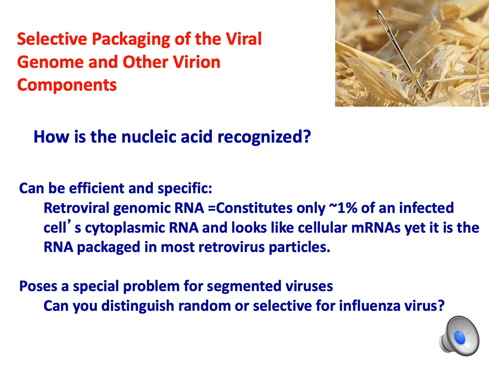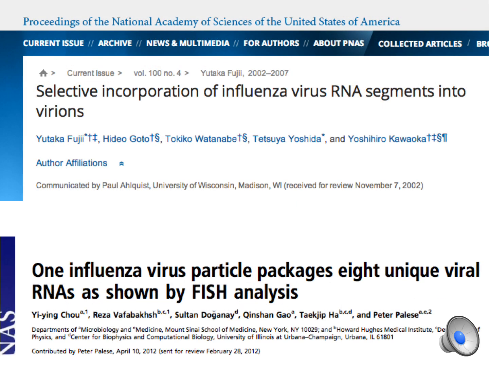But actually, there's some new evidence, fairly recent, that there are specific sequences on the different RNA segments of influenza virus so that they are selectively incorporated into influenza virus virions.